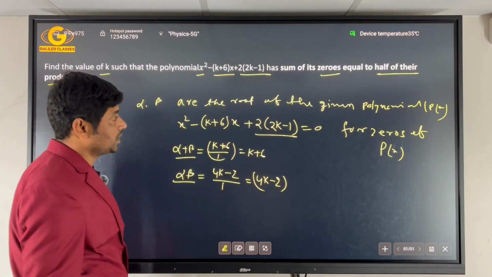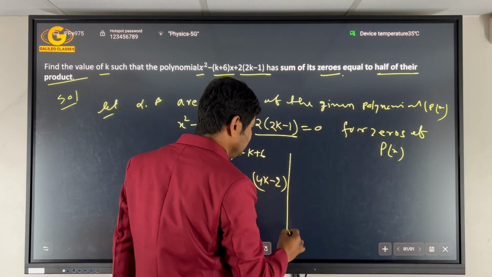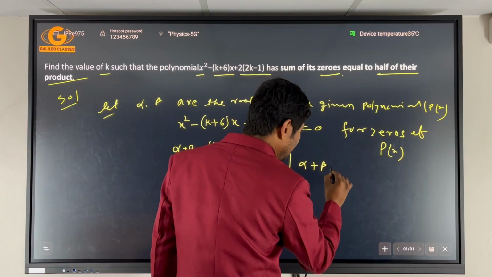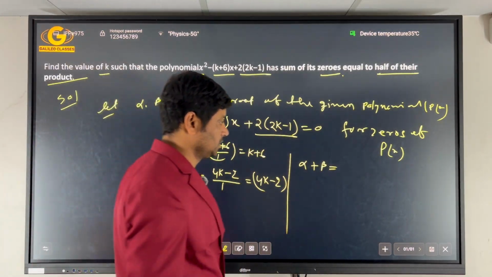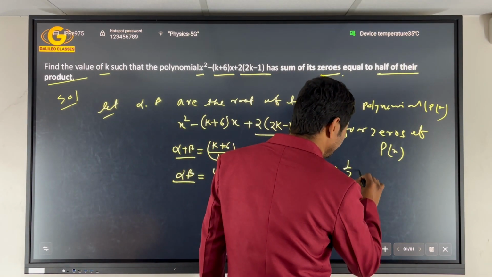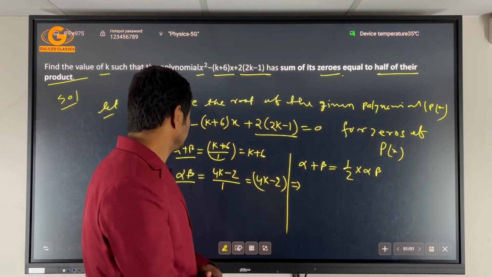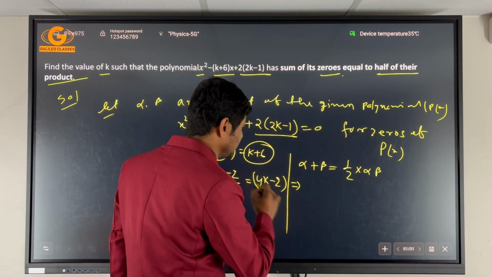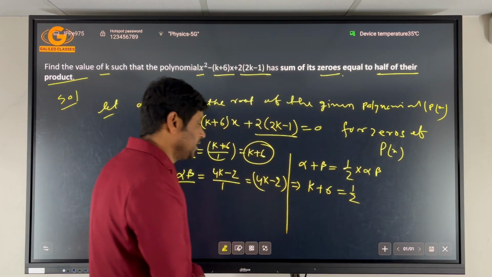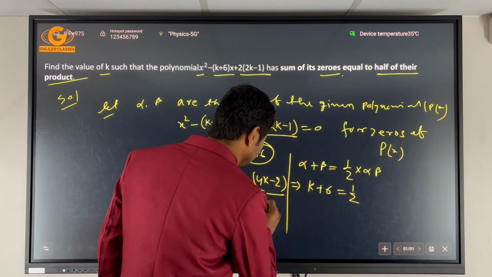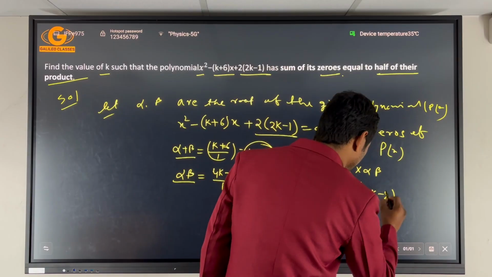But there is also another condition given, that is sum of the zeros equal to half of their product. That means alpha plus beta is equal to half into alpha into beta. Sum of the roots is k plus 6 is equal to half into product of the roots, 4k minus 2.